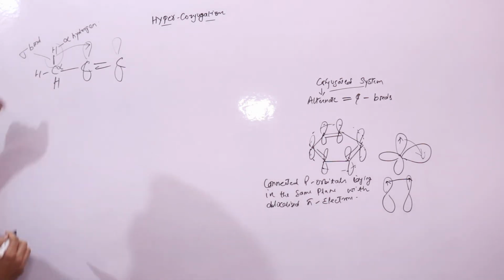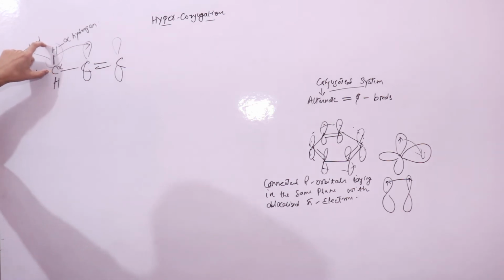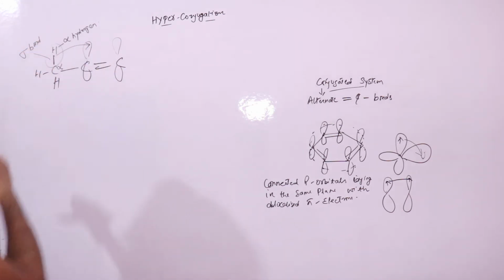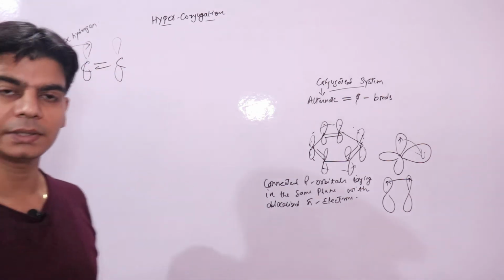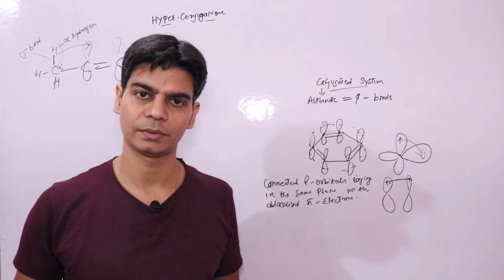Here the electrons of the sigma bond are interacting with the pi bond, or with the p orbital.